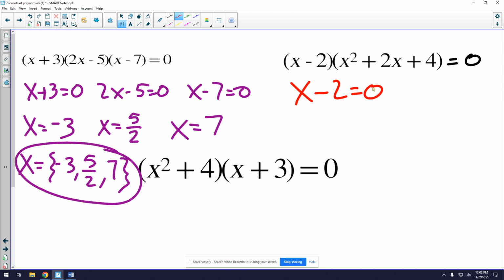So I'm not going to set that one equal to 0. If you did, you couldn't just solve by adding and subtracting. You'd have to use the quadratic formula, because it's quadratic. And if you did, you would end up getting either an imaginary number or an irrational number, which I don't want. So I only have one rational root. X minus 2 equals 0 means that x equals 2.